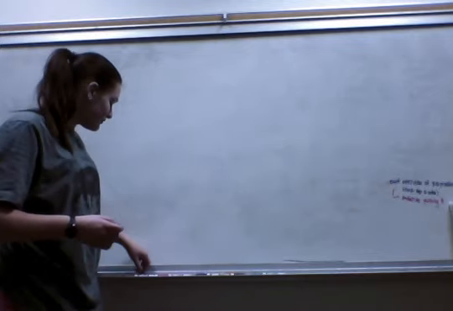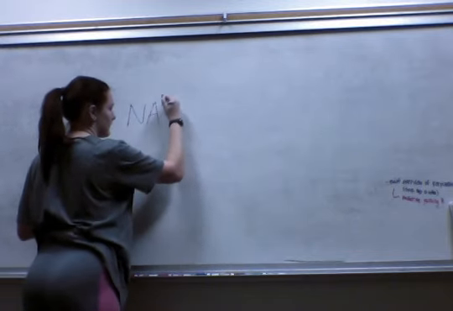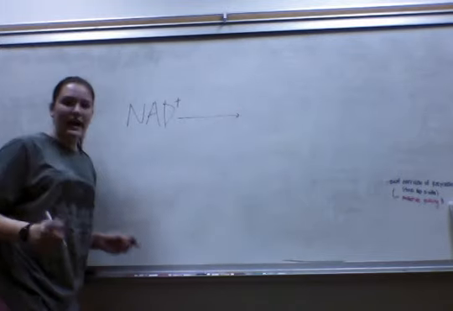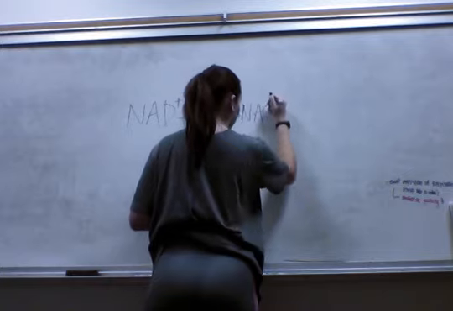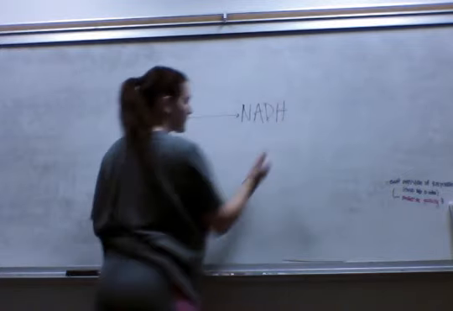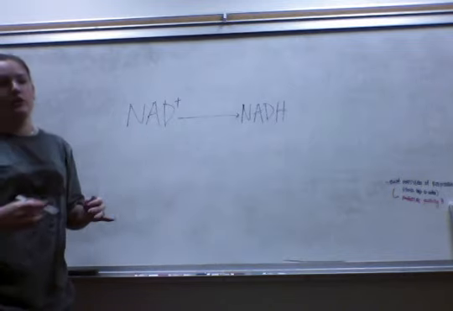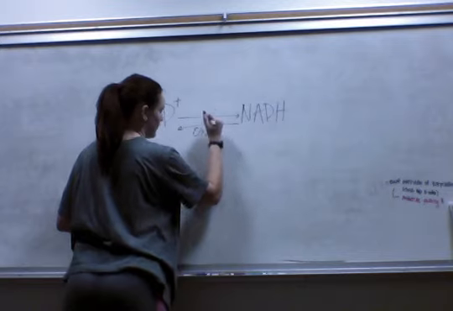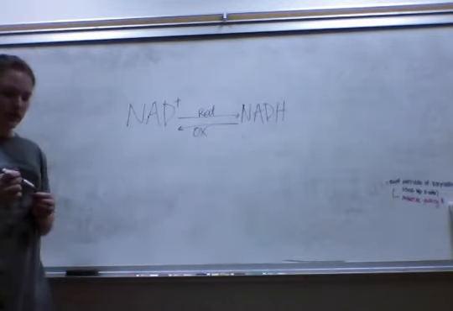So if you have NAD+, and you add a hydrogen to it to give you NADH, that's a reduction, because you're adding that hydrogen to it. Whereas if you were to go back this way, it would be an oxidation reaction.